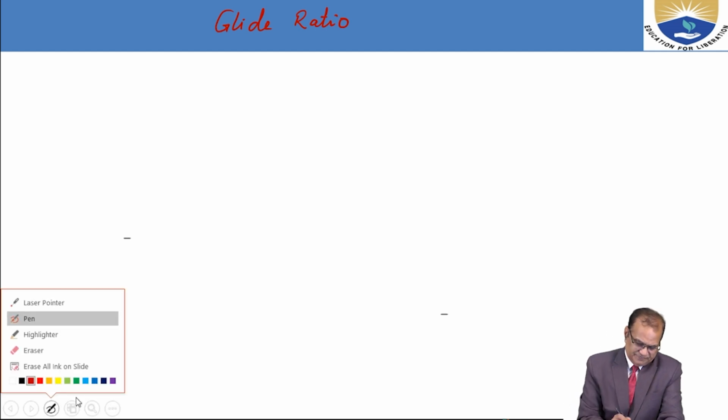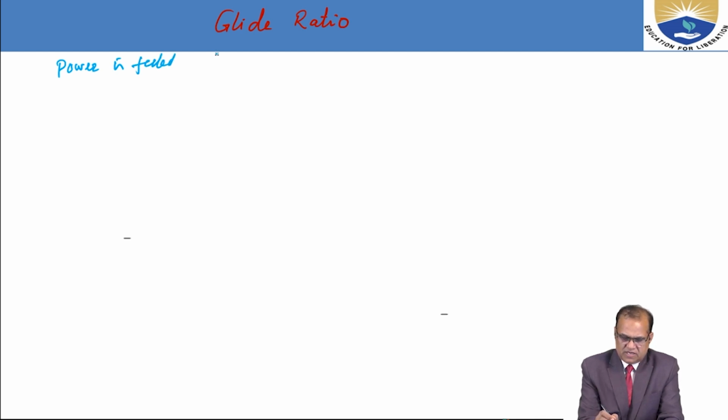So if the power has failed, in the form of range, how much range will it cover?